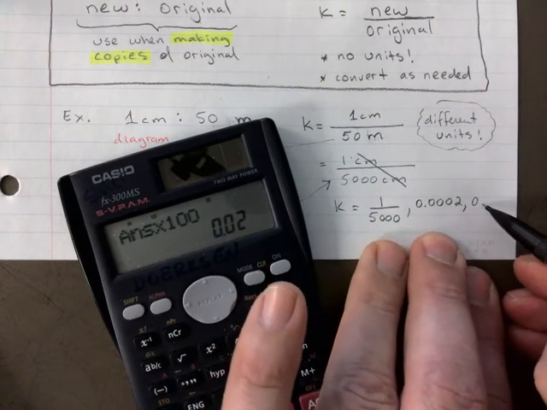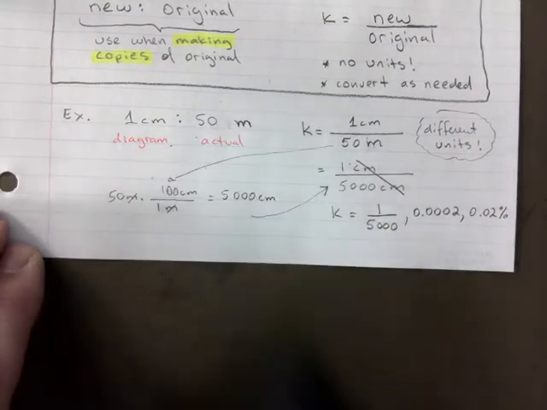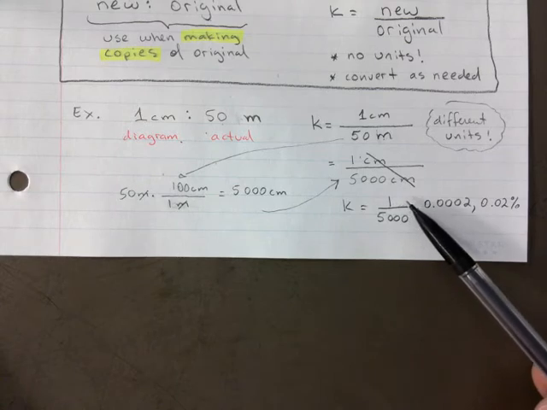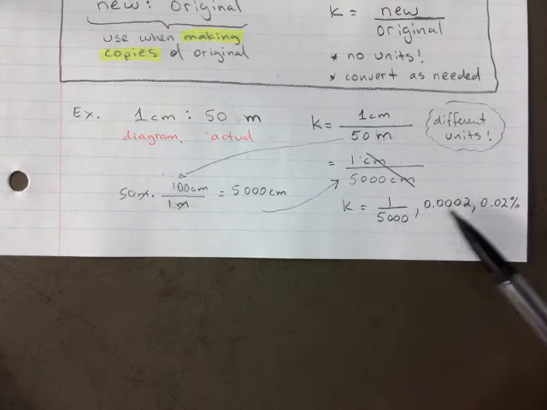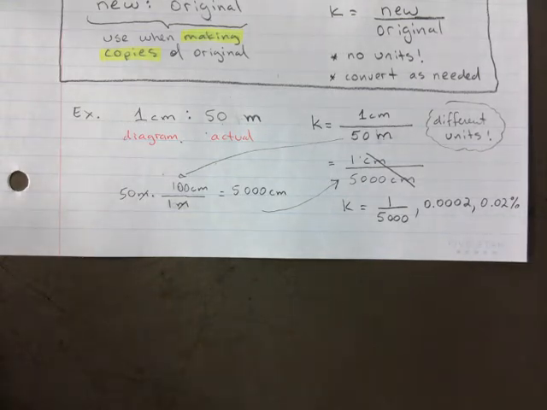So it's 0.02%. All three of them are acceptable. Most of the time I keep it as a fraction. If I can keep it as a fraction, I leave it. But the occasional question might ask you for decimal or percent. Okay.